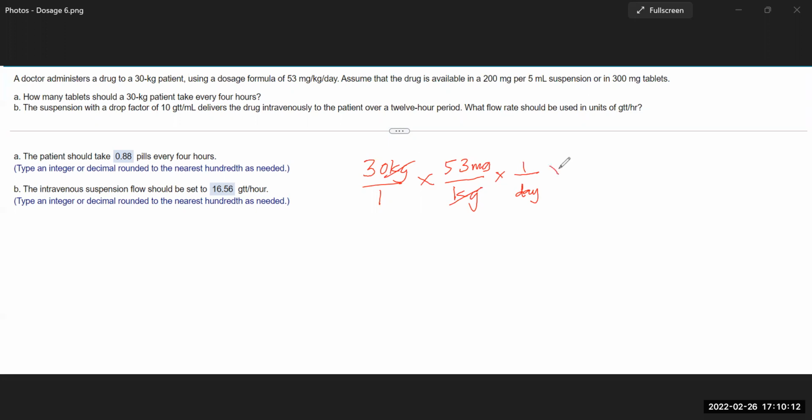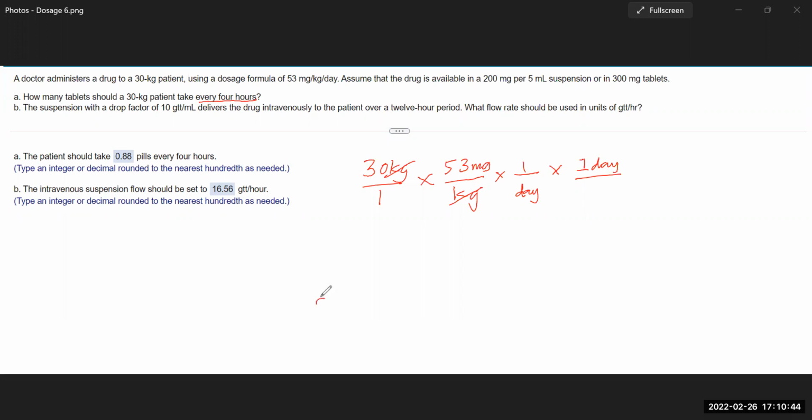And then we also should know that one day, as stated in the problem, this is given every 4 hours. If this is given every 4 hours in a day, how many times would this patient take the medication?